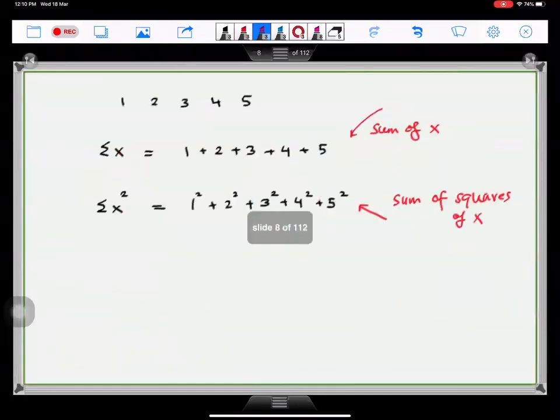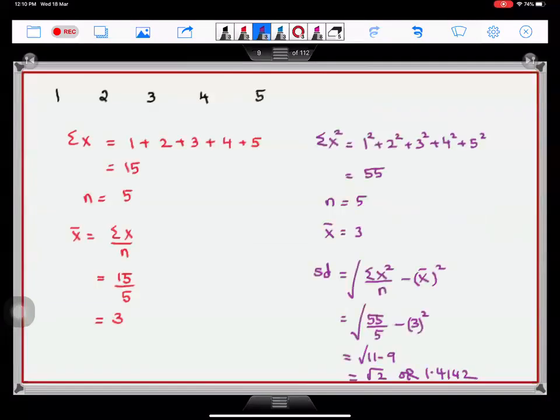When we talk about raw data, this is the first example that we should focus on. Five pieces of data, observations, are given. This could be marks, the height of a plant, or the weight of apples. Sigma x, the sum of x, simply add them up. Sigma x square: square each value, order matters. Square each individual value, then add it up.